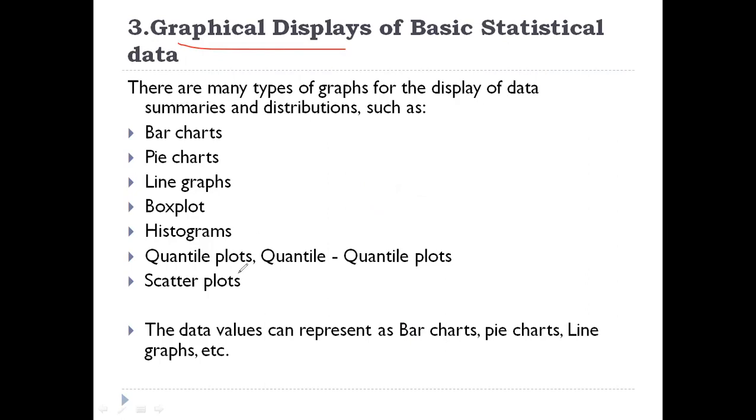So here we can use multiple graphs, as we know: bar charts, pie charts, line graphs. And just now we have discussed one more plot, that plot is the box plot. Box plot in the sense of the 5 number calculation, here we have discussed the box plot.